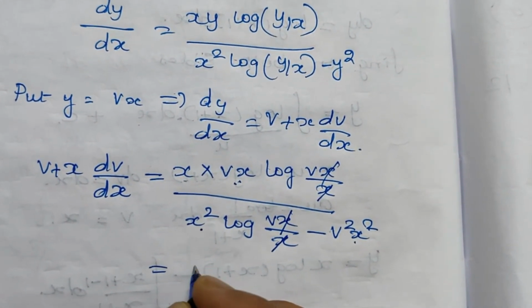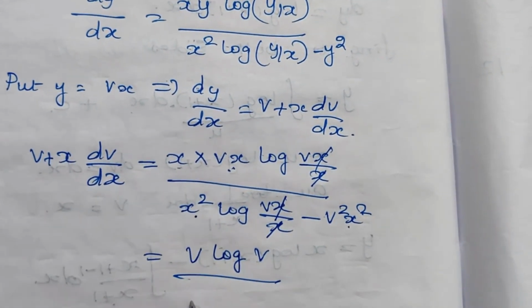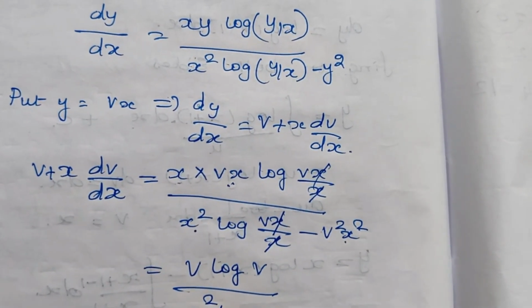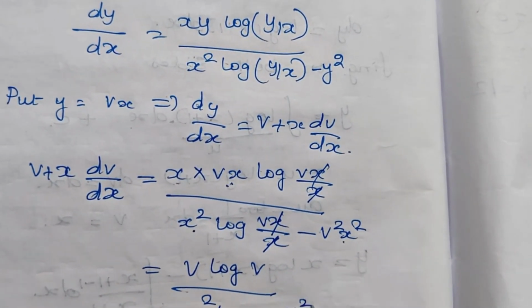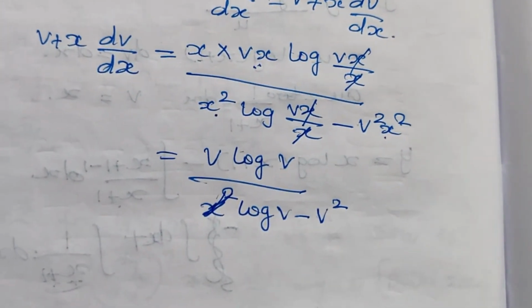What is the remaining thing? v log v divided by log v − v². Sorry, x² also gets cancelled, so log v − v².